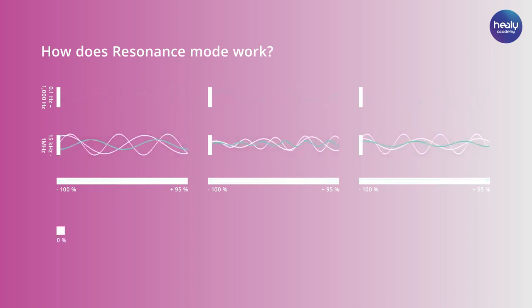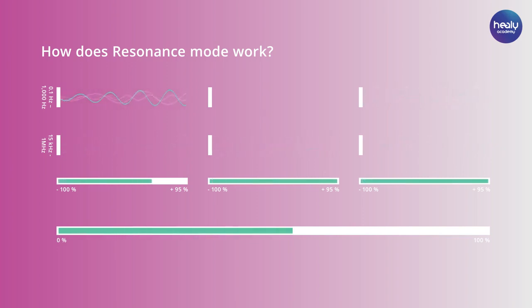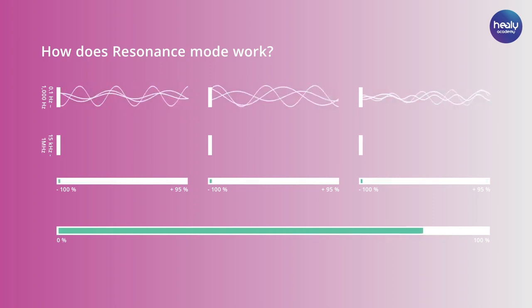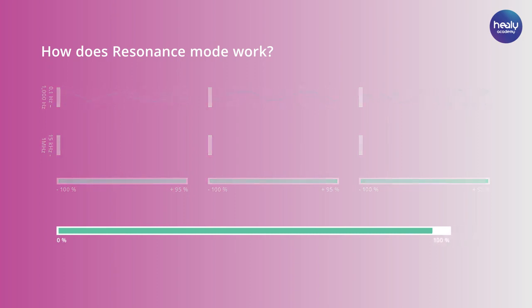In the IMF programs, the duration of the resonance mode varies. Either none of the frequencies reach 95% and all are applied until the start of the next mode, or one or two frequencies reach 95% and the remaining frequencies are applied until the next mode, or all frequencies reach 95% and the resonance mode is applied for a shorter time than originally defined in the respective IMF program, so that the total duration of the program is reduced accordingly and ends before its maximum duration.